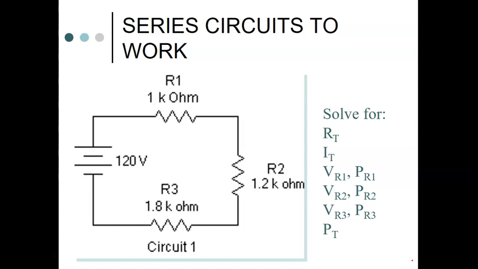All right, so what is R1? 0.09. No, 0.9. Should be 900 milliwatts. What's R2? 36 times 30 milli.